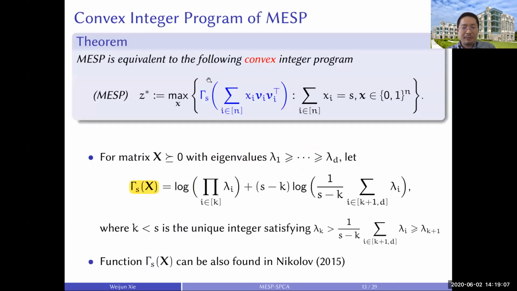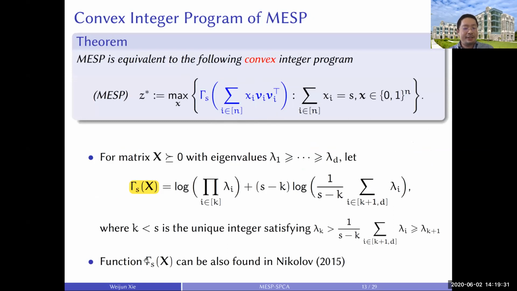We end up with a somewhat complicated gamma function, which involves sorting arguments. But the idea is we derive this based on the convex conjugate of the original log determinant S function.